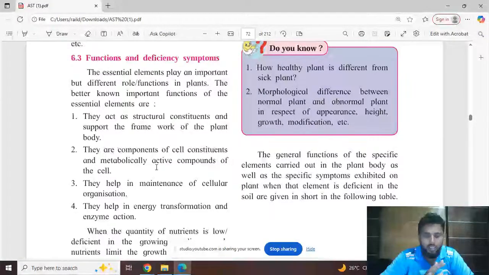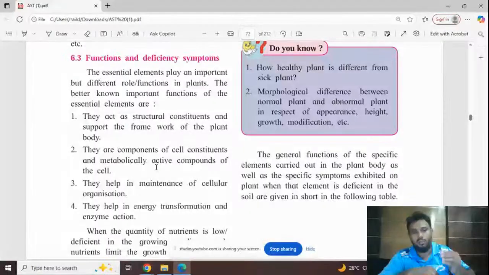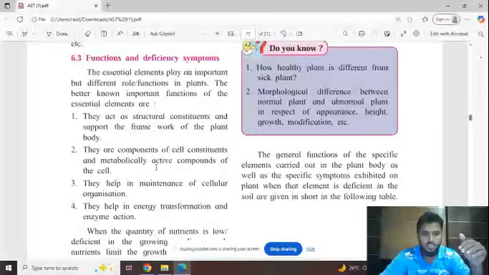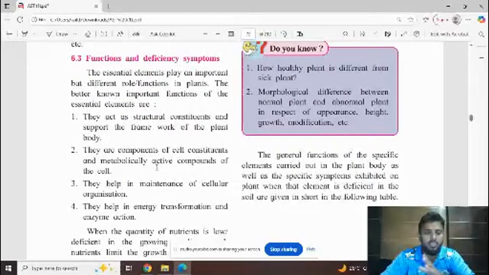Okay. There is a pause in the growth and development. And if the quantity of these elements is very low, then plants are going to show us certain deficiency symptoms.